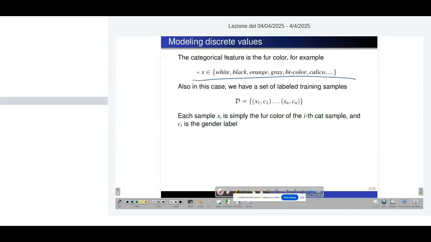So we have our categorical feature, that is the color of the cat, and we have a label sample. And what we want to answer is, given a color, can we predict what is the gender? Now look, this is possible because there are some colors of the fur that appear more often in some genders rather than in others. For example, you have cats that have 3 colors, which are essentially all females.